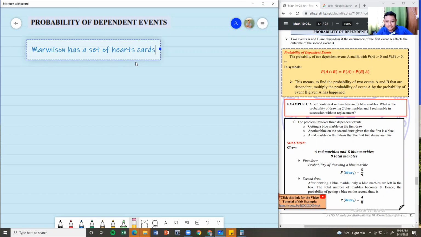So, hearts cards: the ace card, the number cards, and the face cards. What's the probability of picking an ace card?